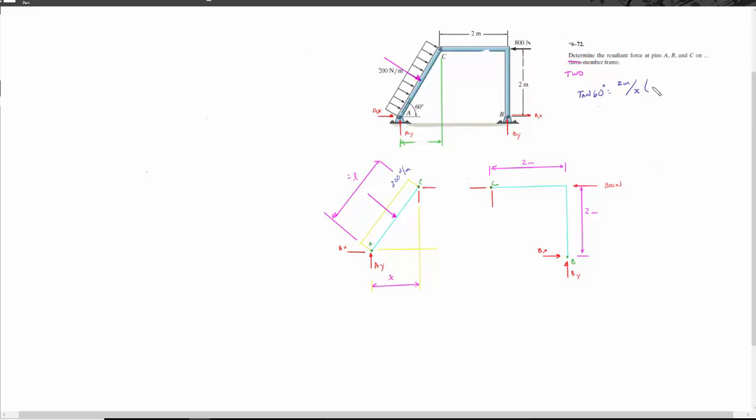Solving this, quick review: multiply by x to get that out of the denominator, then divide by the tangent of 60 degrees. So our x's cancel, our tangents cancel, and we land up with x equal to 2 meters divided by the tangent of 60 degrees. So x comes out to be 1.15 meters, and that's what I had written there earlier.